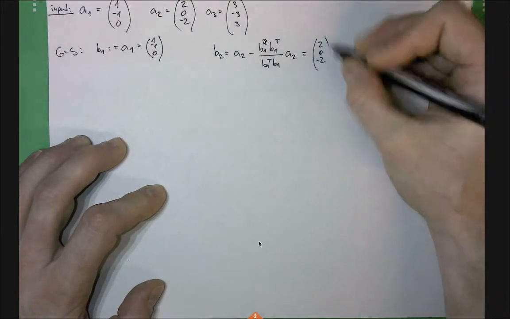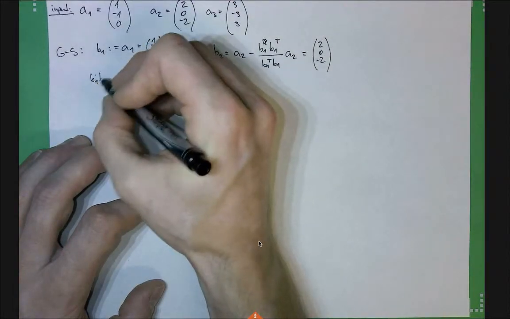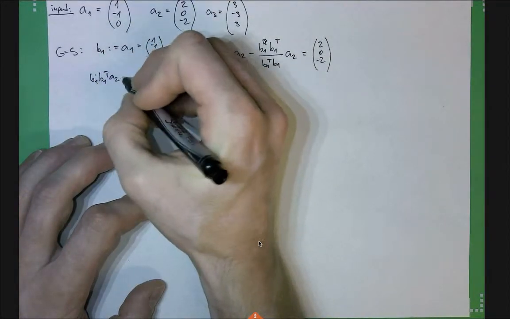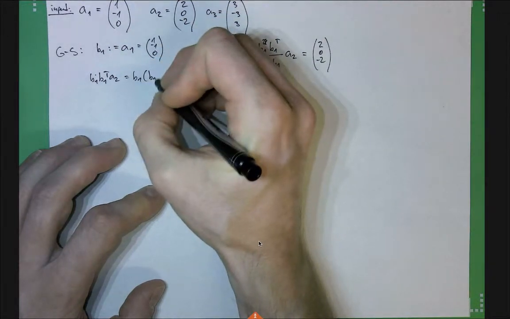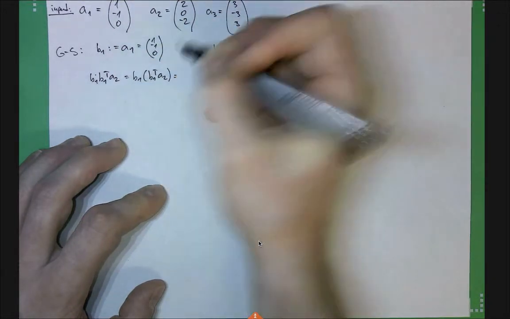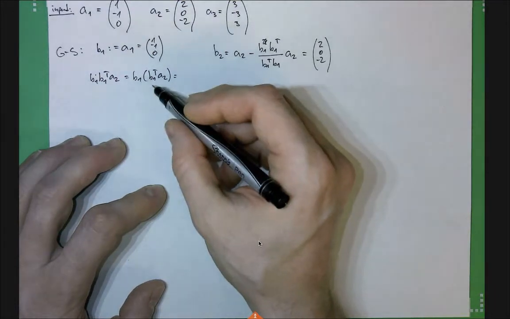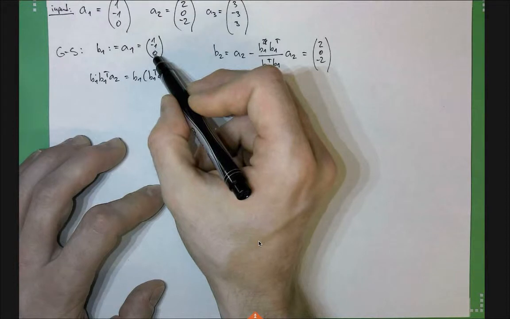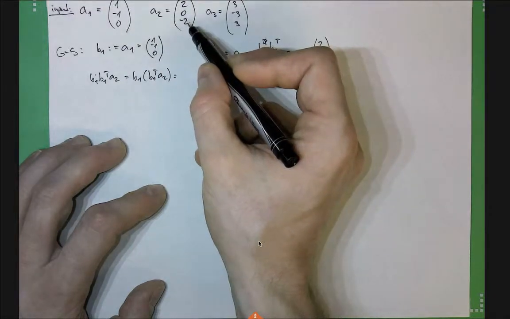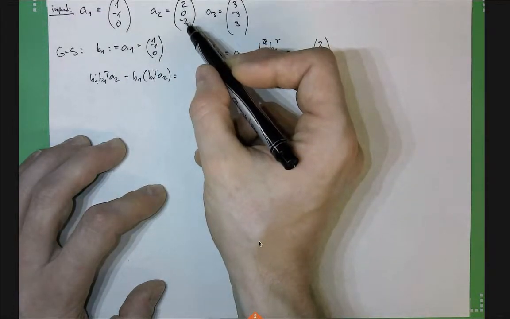So this is my A2. So how can I compute this? B1 B1ᵀ A2, what is it going to be? So I can compute it as B1 times B1ᵀ A2, right? So that's just a dot product. And what is B1ᵀ A2? So this is B1, this is A2. So what is going to be the dot product?